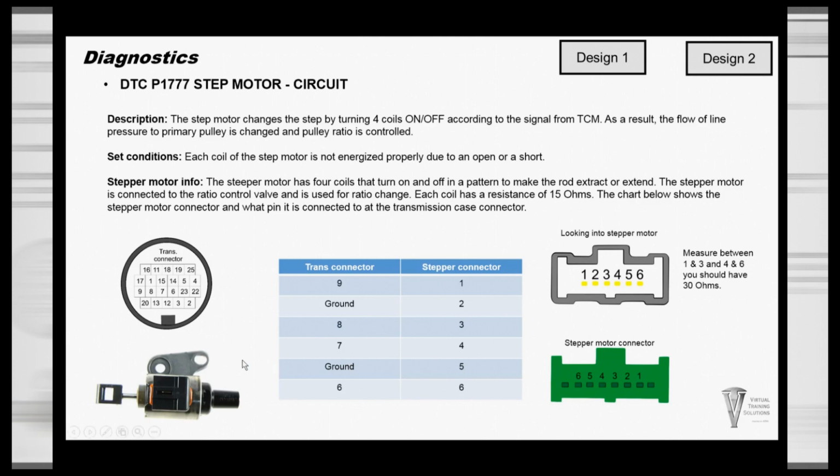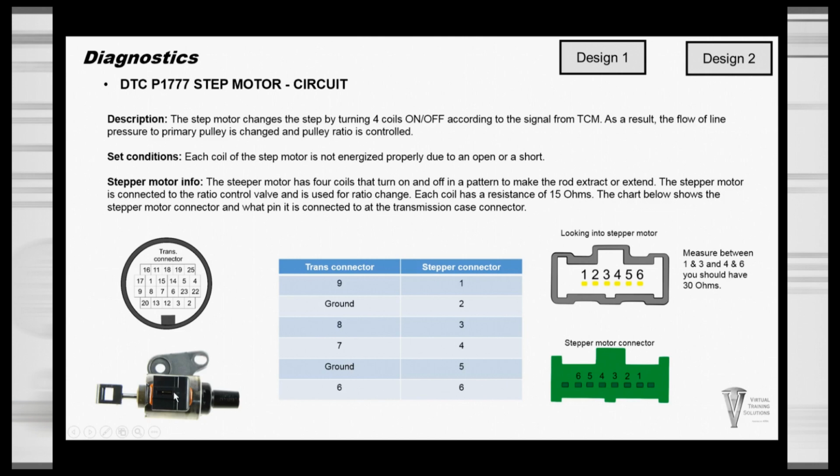So what we basically have in here in the bottom left is your stepper motor, and as the stepper counts change and they change the voltage to this motor, this pin extends right here and retracts. Inside the stepper motor you have 4 different coils, kind of like a starter motor, and as these coils turn on and off from the TCM signal, it will turn the inside of the stepper motor.